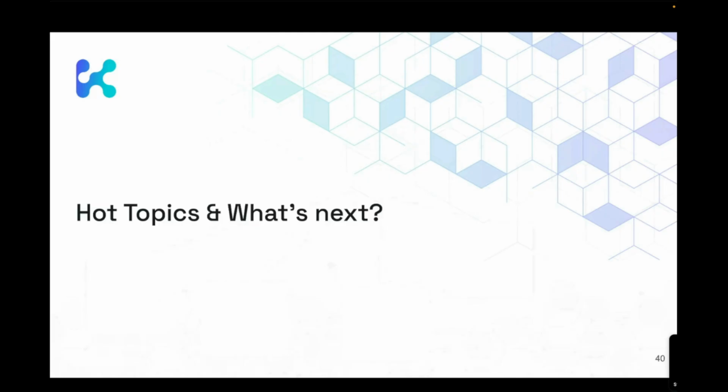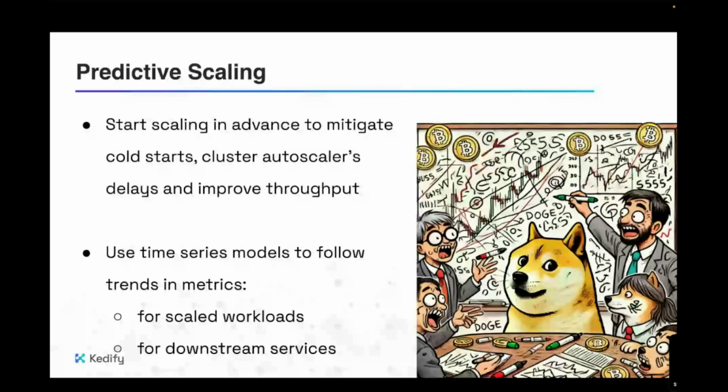Okay, so what's next for the whole scaling stuff? Predictive scaling is a topic. If we are getting all these metrics for the workloads, why don't we use this knowledge to be more proactive?